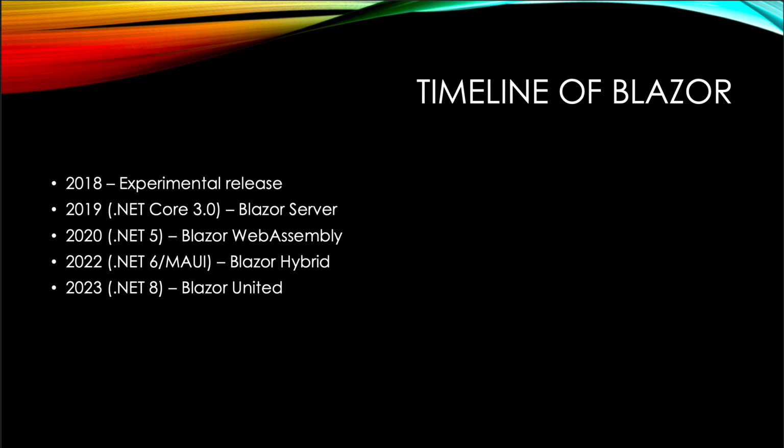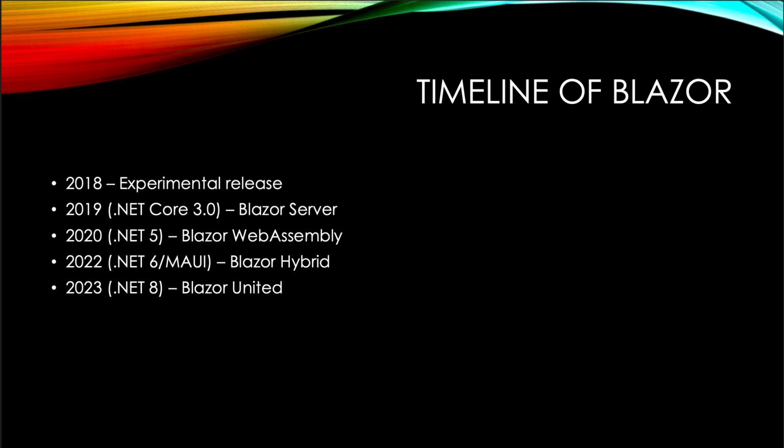So let's look at the timeline of Blazor. Blazor started as an experimental project in 2018, and then it officially became part of the .NET ecosystem with .NET Core 3.0 in 2019. They introduced the WebAssembly version in 2020.